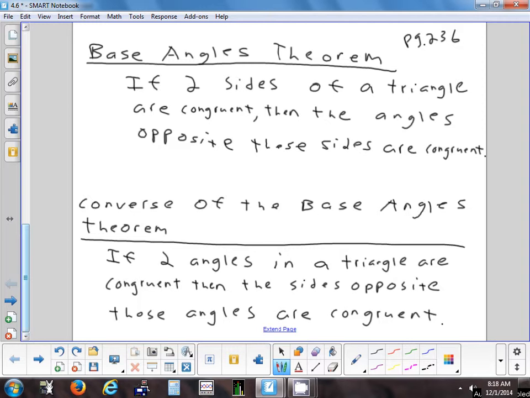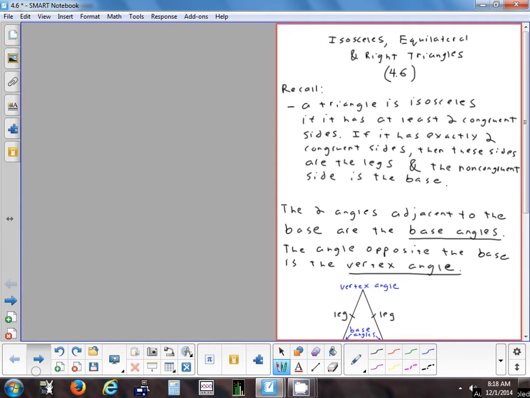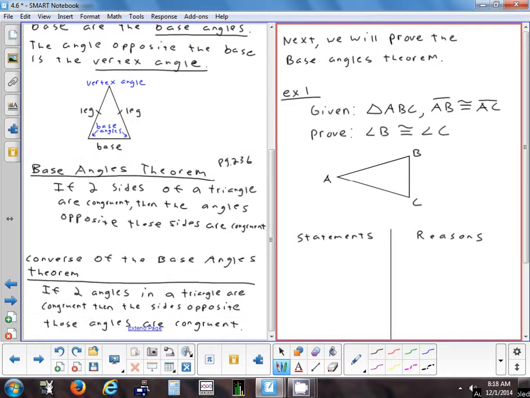All right, so since these are theorems, are they something we have to prove or something we can just assume they're true? Yeah, we have to prove them. We probably won't go through both, but let's just prove the base angles theorem.